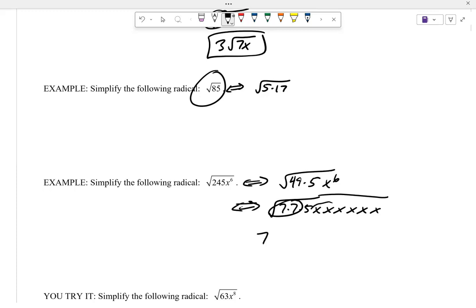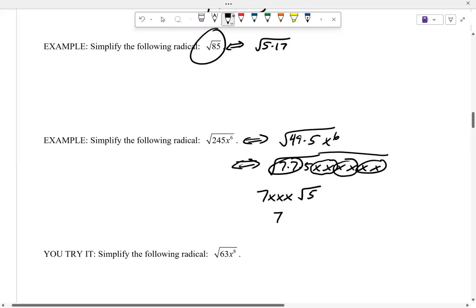Anytime I got two of a kind, so here's 2 x's, the x will come out. Here's 2 more x's, another x will come out, because again the square root of x squared is just x. And I have 3 sets of those. And what am I left with underneath? Just a 5. So this just ends up being 7x to the third root 5.